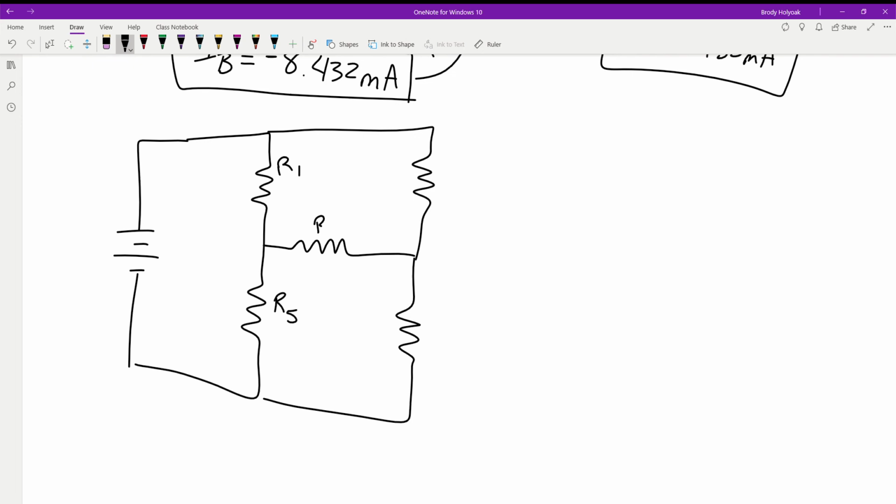Yes. Yep. Our Wheatstone bridge circuits. It'll be in the lab next week.